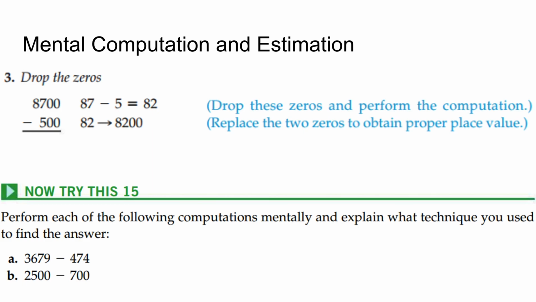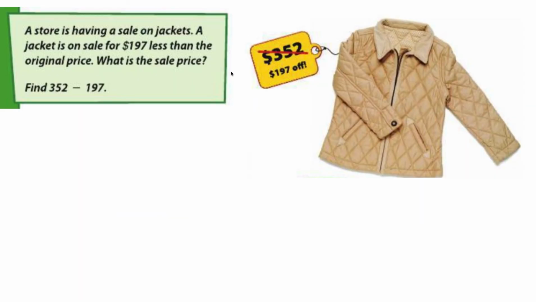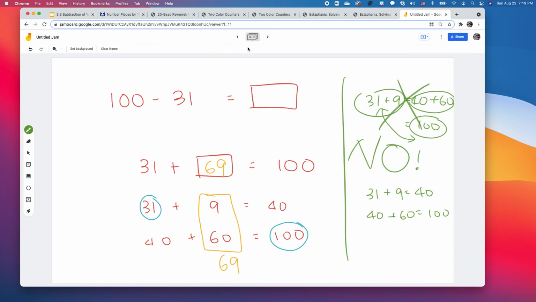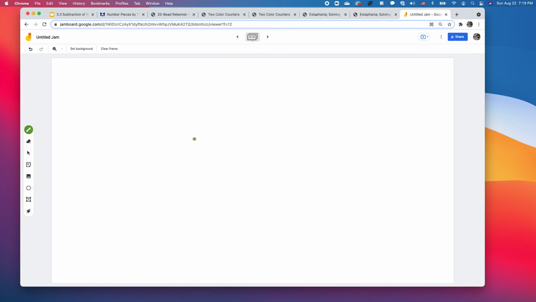Okay, let me go to the Jamboard, and the numbers were 3,679 minus 474, and another one is 2,500 minus 700.